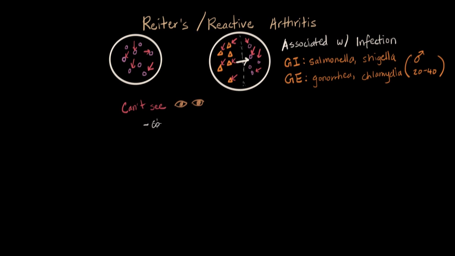Here we get conjunctivitis, pink eye, and uveitis, which is in the anterior chamber of the eye. Now, conjunctivitis itself could be bacterial or viral, but in this case, it is neither. It is a residual reaction of a previous infection. So the eye itself is not infected, but the immune system is acting like it is.